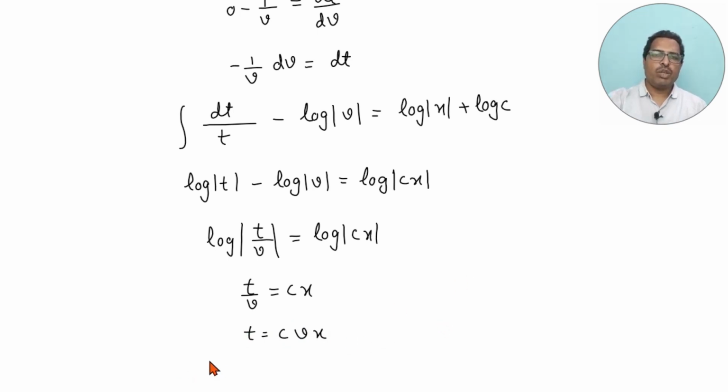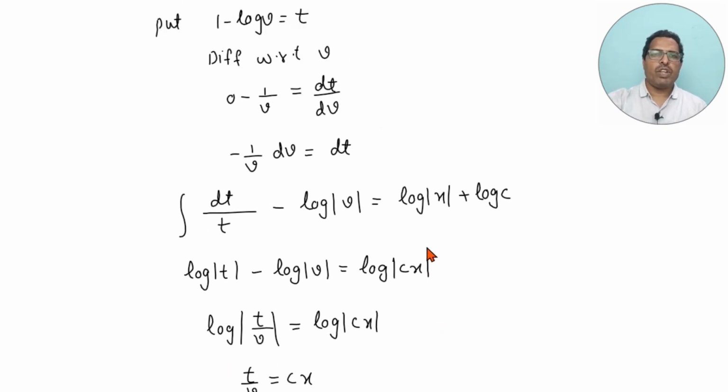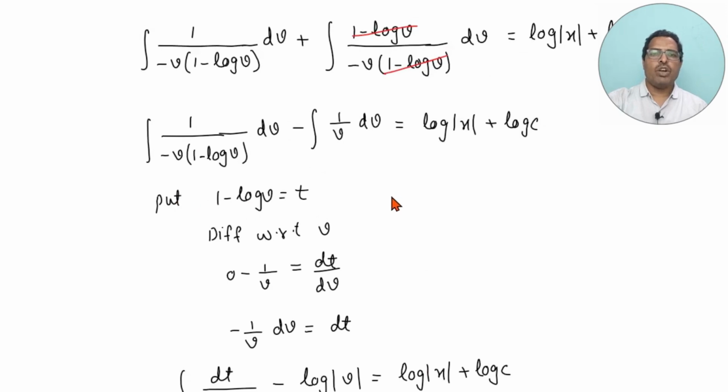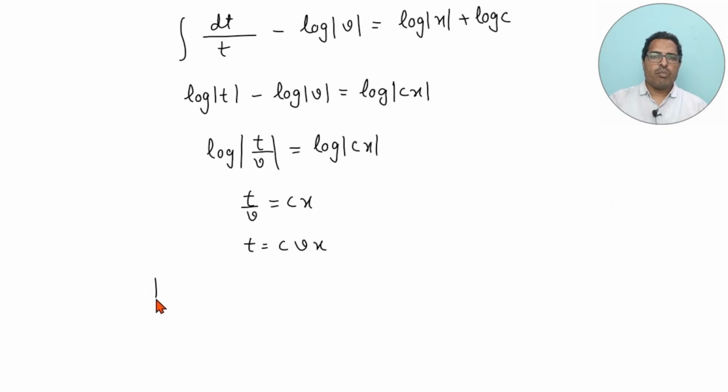Now let us try to see what is the value of t we have. The value of t that we have taken is 1 minus log of v. So you can put the value of t to be 1 minus log of v.